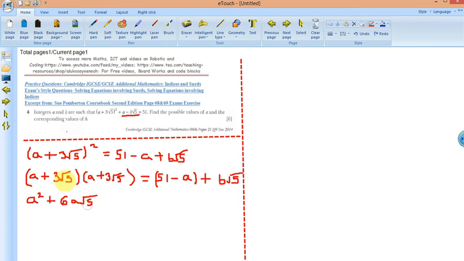Then you have 3 root 5 times 3 root 5, so that will be (3 root 5) squared, which is 9 times 5, so 45. So that will be plus 45. If you do (3 root 5) all squared, that should give you 45.